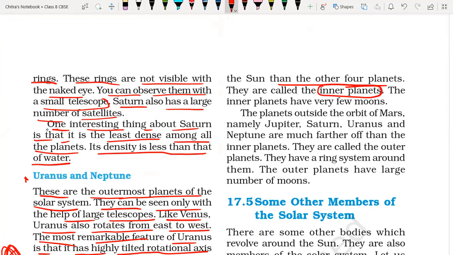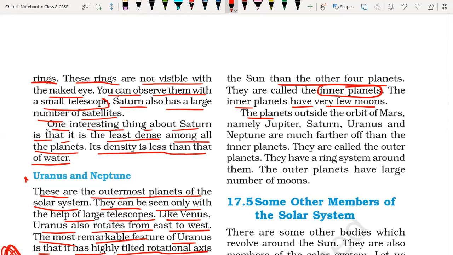The first 4 planets near the sun are called inner planets. They are also called terrestrial planets. So inner means the first 4 planets from the sun, and the other 4 planets are called outer planets.